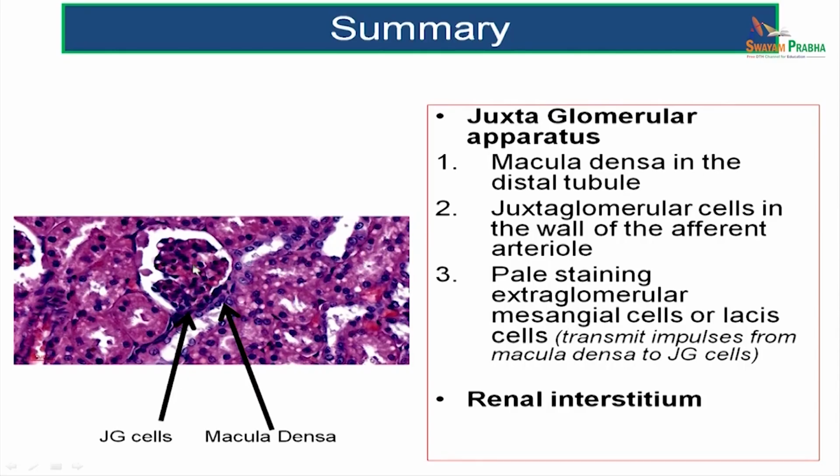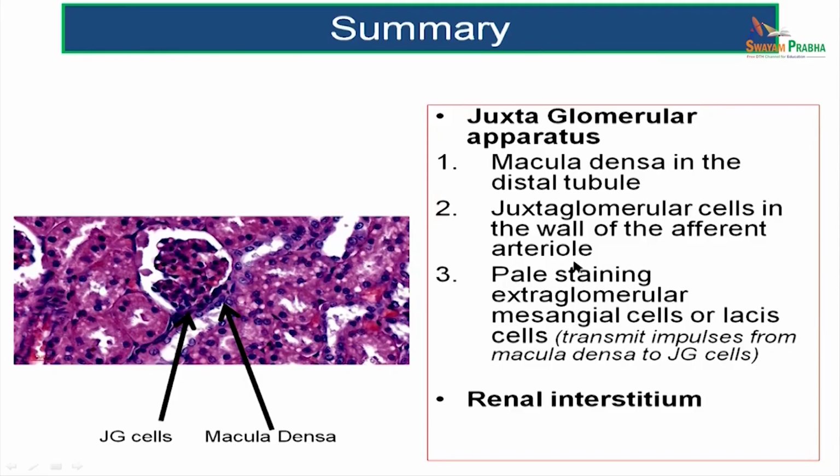We have also detailed the juxtaglomerular apparatus, which includes three structures. One is the macula densa in the distal tubule, the juxtaglomerular cells in the wall of the afferent arteriole, and the pale staining lacis cells, which are important in transmission of impulses from the macula densa to the juxtaglomerular cells.